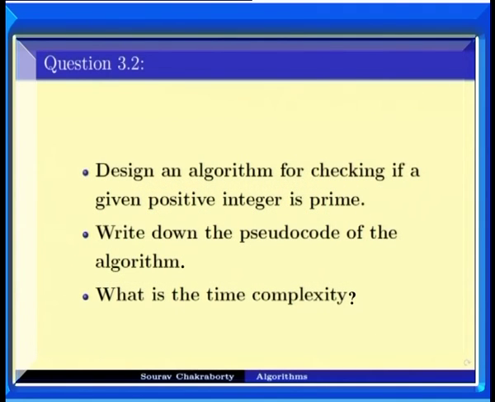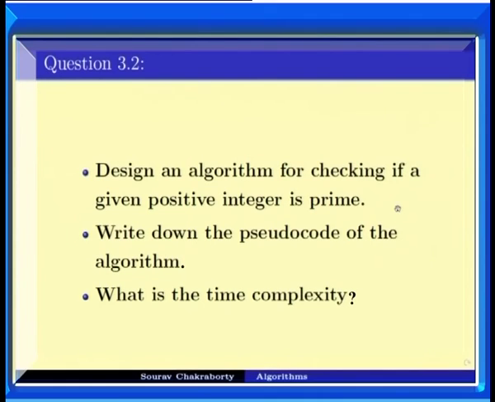Here I have a couple of questions that I would want to give you, because this kind of ends a module of 3 lectures that contains algorithms about numbers. If I give you a number n and I ask you, is that number prime? Design an algorithm for checking whether that number is prime or not. Write down the pseudocode of it and analyze the runtime of it.